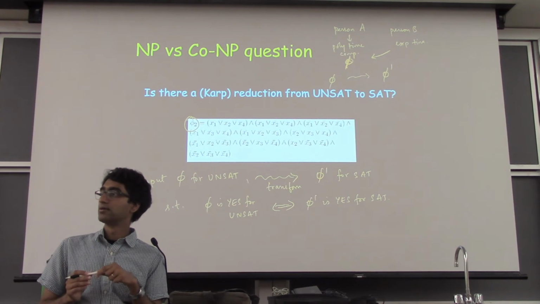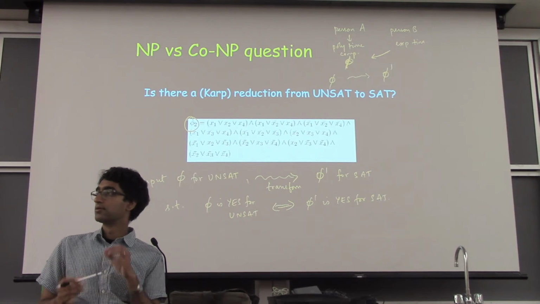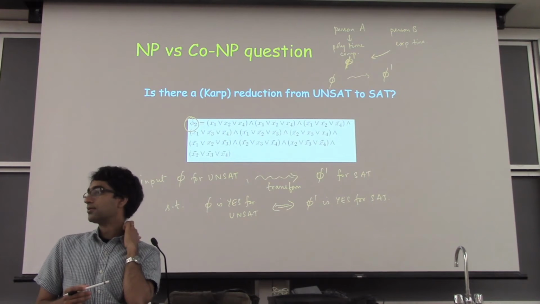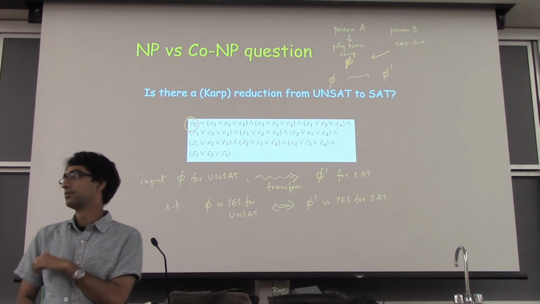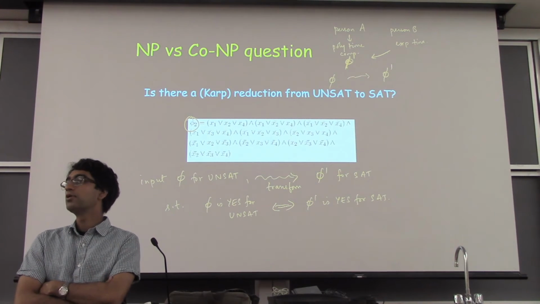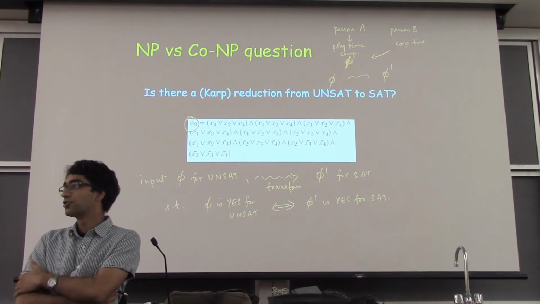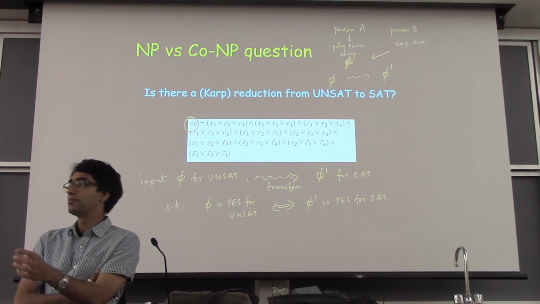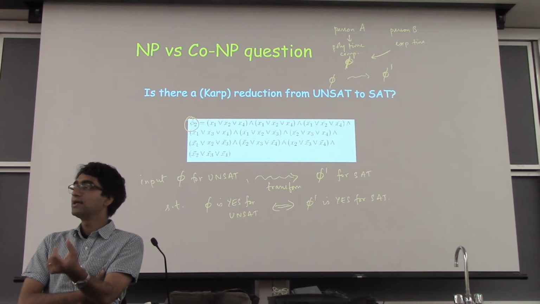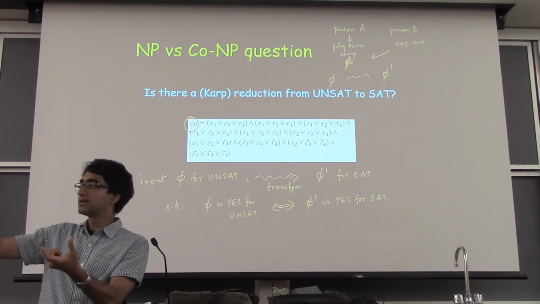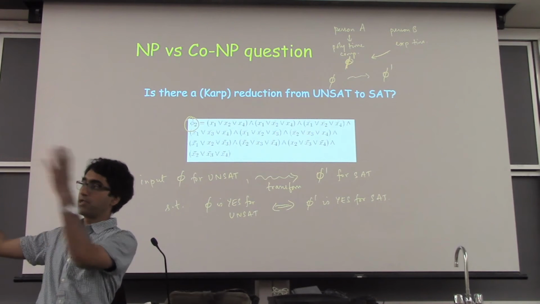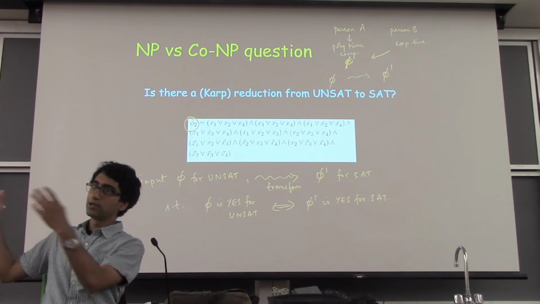Isn't it contradicting, because if there exists an input which can actually transform an UNSAT to a SAT, then it was not an UNSAT problem in the first place? No, the transformation could produce a very different formula. It need not be the same formula. We are saying that you transform phi to some other very different looking phi prime, maybe with a lot more variables.